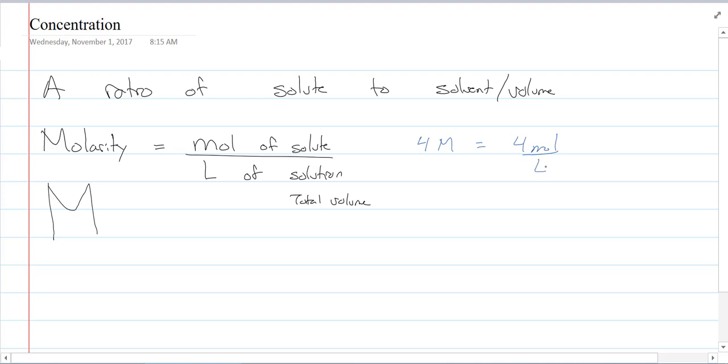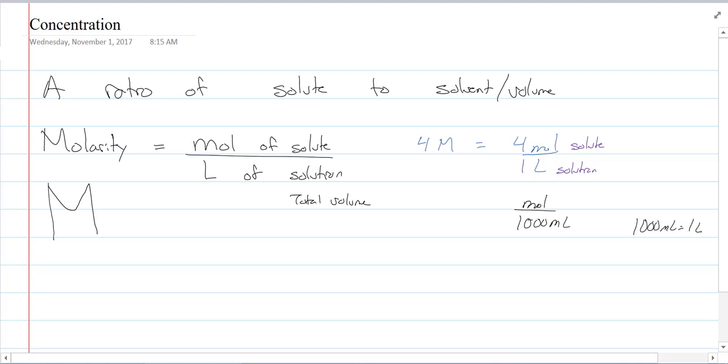But it's 4 moles of solute to 1 liter of solution. It's also moles per 1,000 milliliters because 1,000 milliliters is 1 liter.